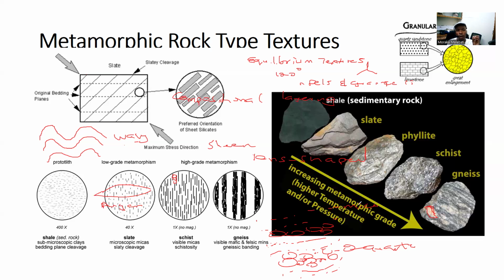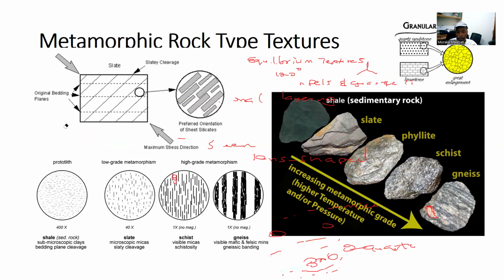So this augen will now grow into what you call a porphyroblast, now that it will be rich in feldspar. That is what you call the augen, usually associated with the gneiss.